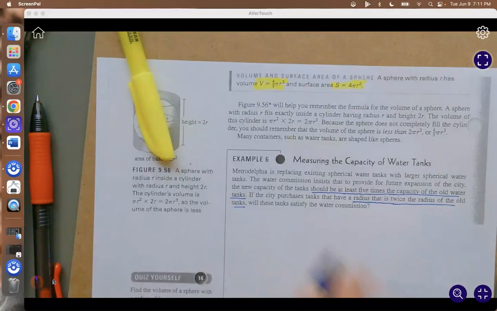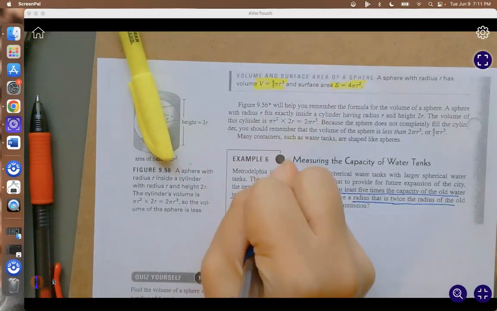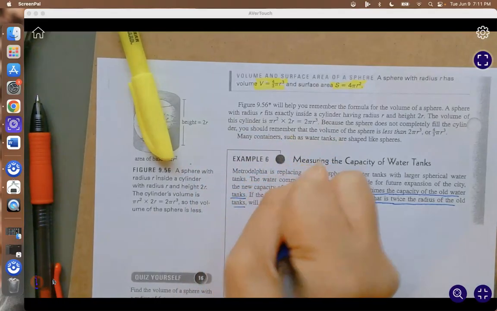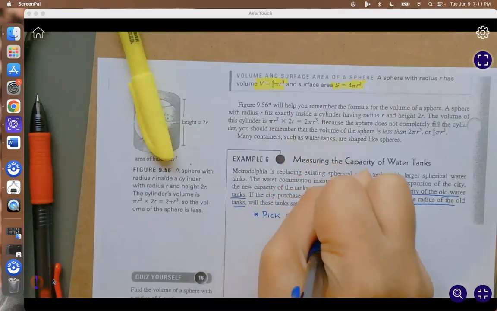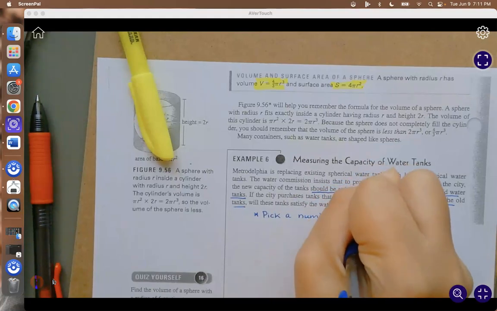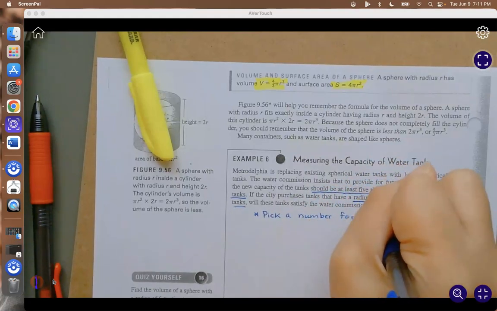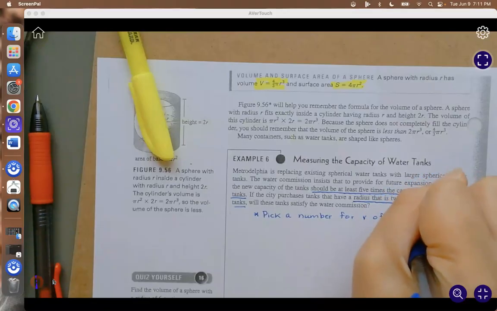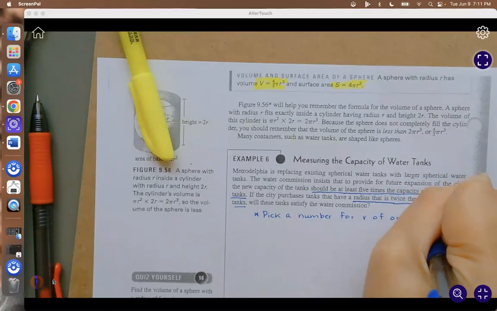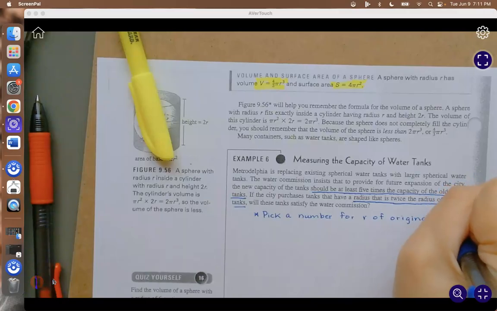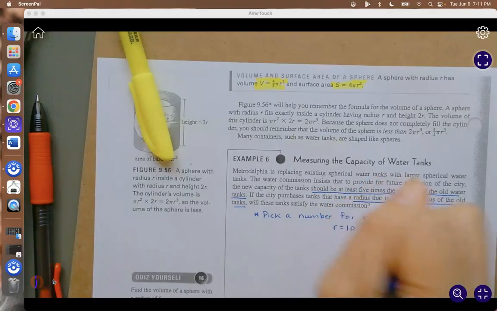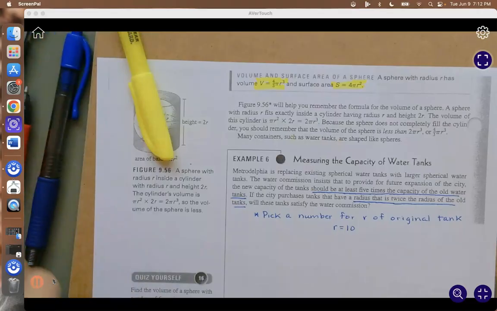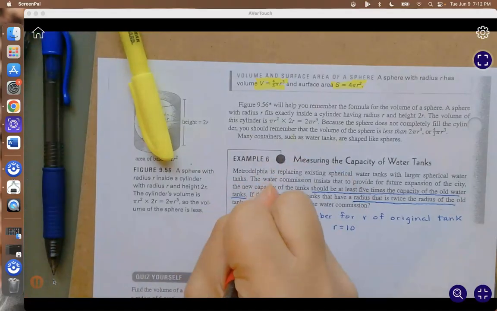Okay, so I need to pick a number for R of the original tank. So just to make it easy, R is 10. Okay, so we're going to go and do the old tank volume first.